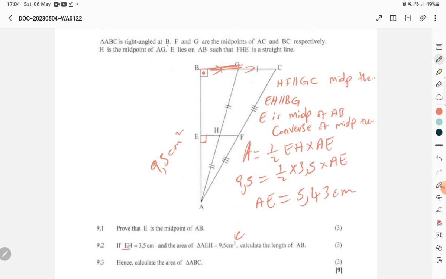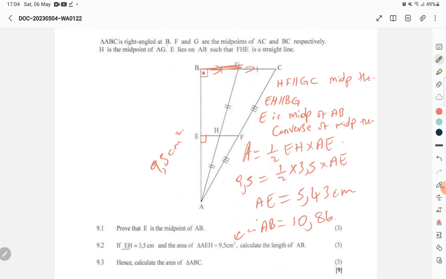So we have that, and therefore, since they are looking for the length of AB, AB is equal to the answer times 2, then you're going to get 10,86.